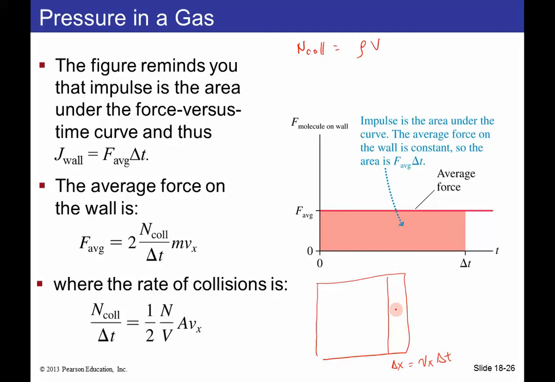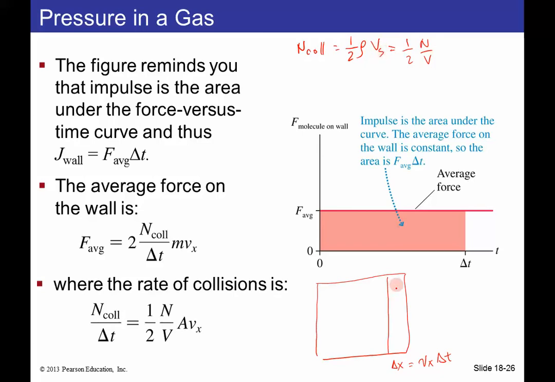But now I'm going to have as many particles going to the left as are going to the right, so I have to multiply this by 1/2. Rho is the density, is N over V, right? This V is the volume of the whole box, and this volume here is the volume of the section.